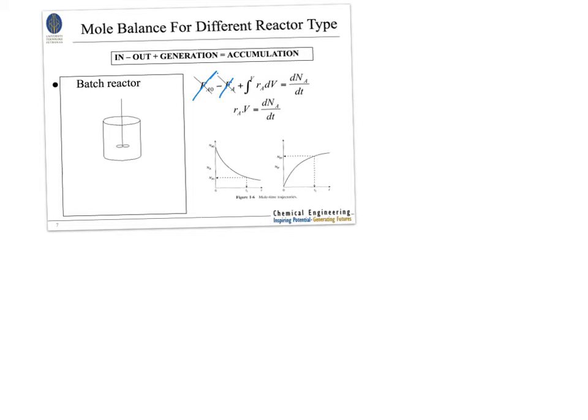The reaction is perfectly mixed, with no variation in the reaction rate throughout the reactor. So you will have RA times V equals dNA over dt.